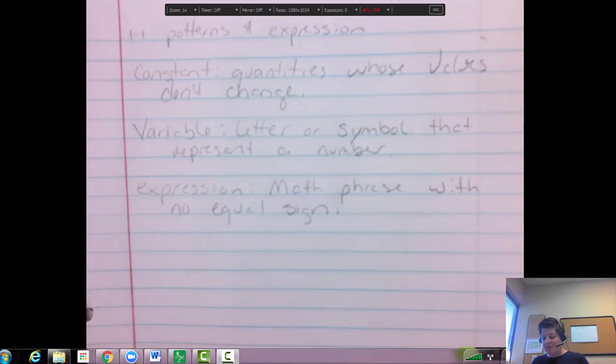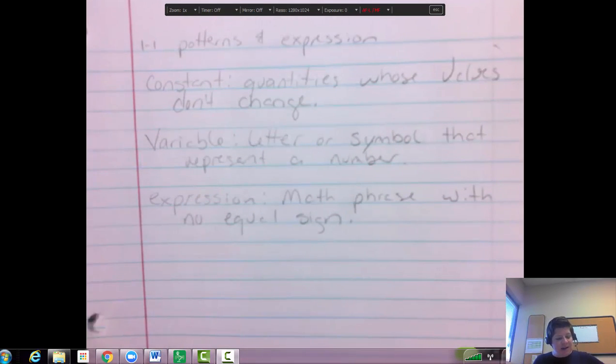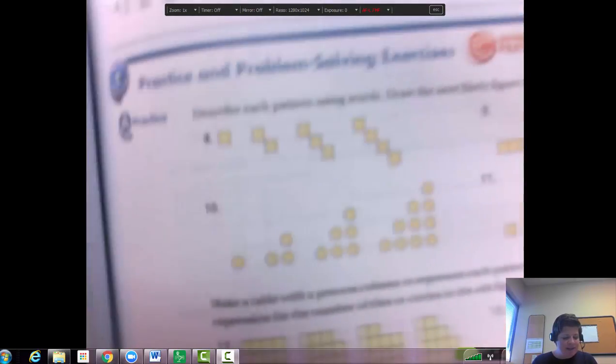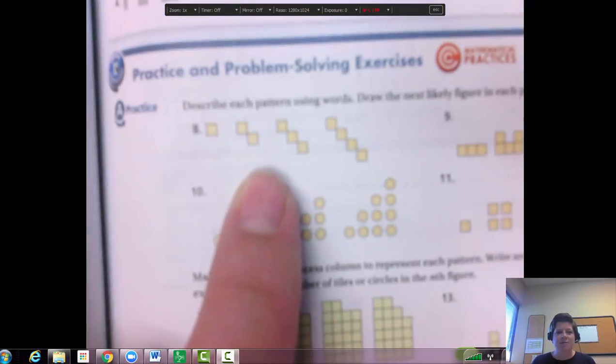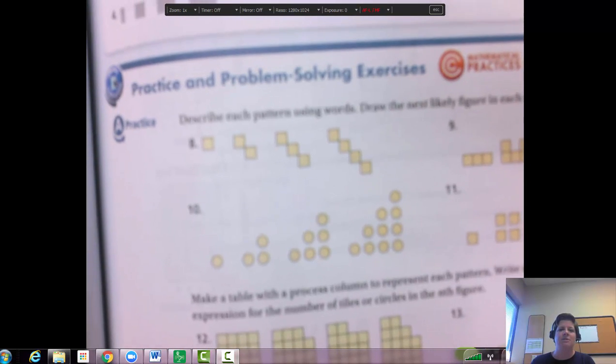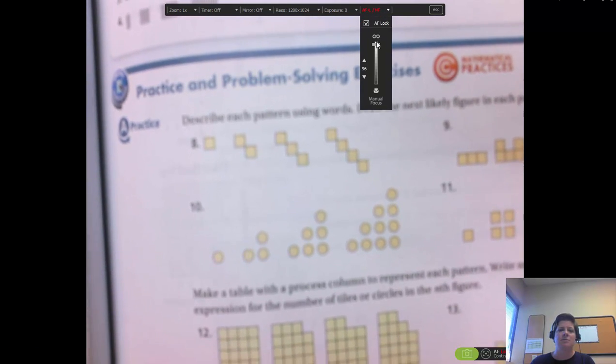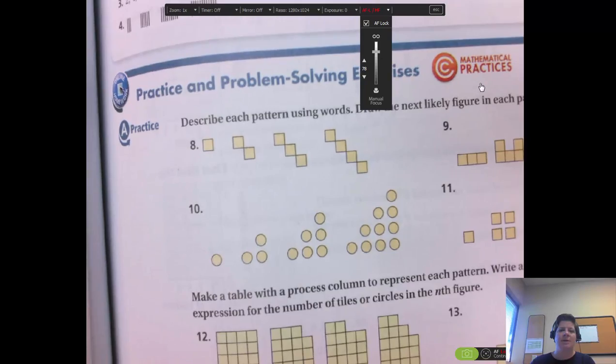So with the patterns, we're going to look at some patterns that are like shapes, and you basically are describing that pattern. So let me show you one real quick out of the book. So let's look at just this first one here. There we go.